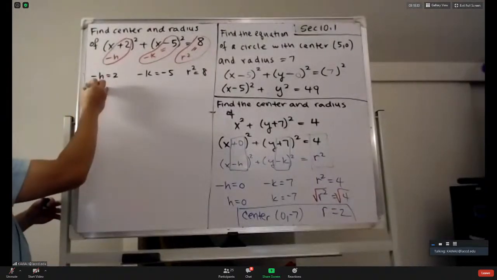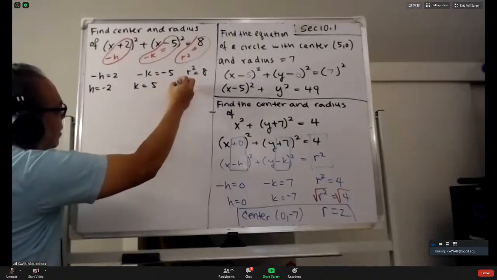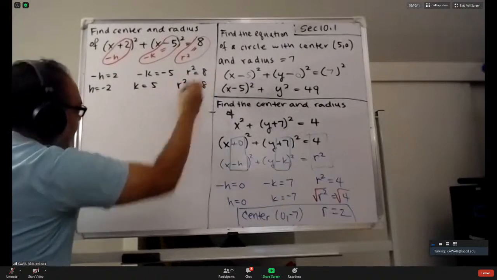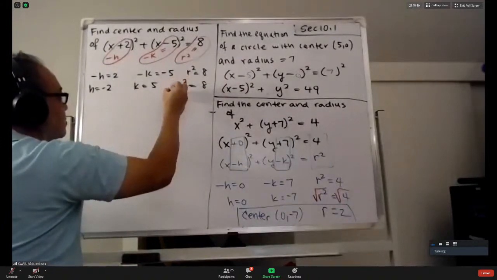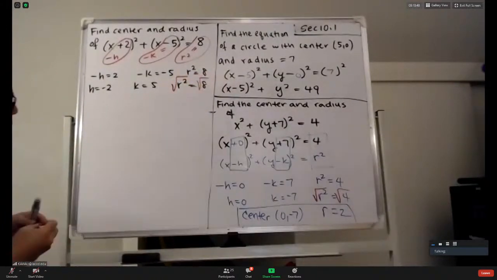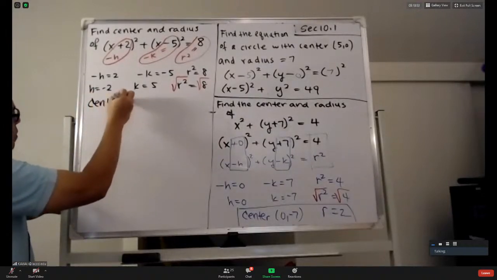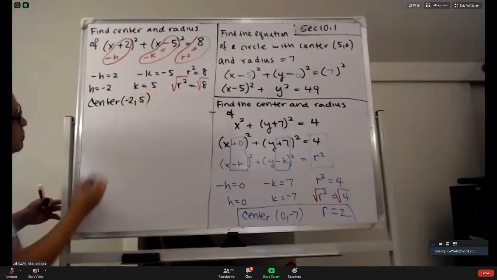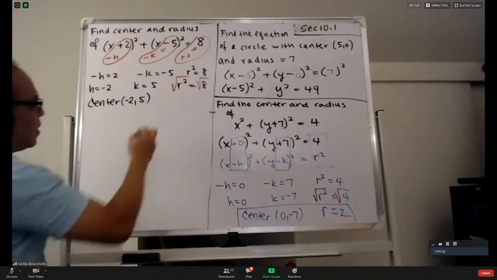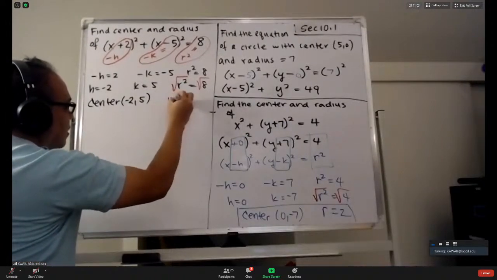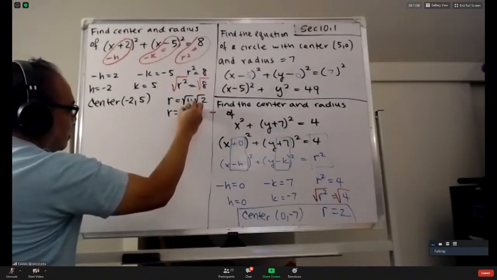So you have h is equal to negative 2, k is equal to 5, and then r squared is equal to 8, and let's square root both sides. So my center is negative 2 comma 5, right? It's the opposite of what sign is there. And then my radius is equal to square root of 4 times square root of 2. Okay.